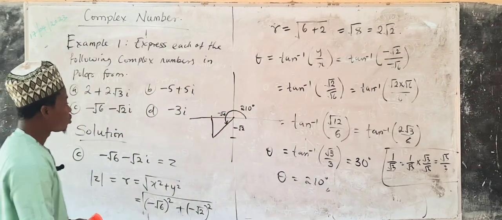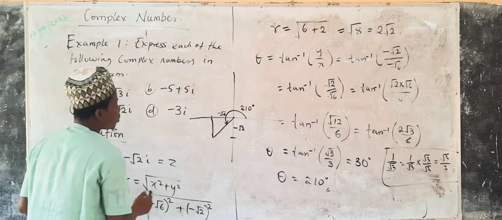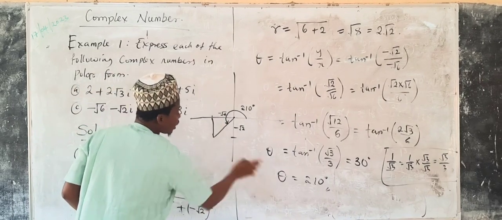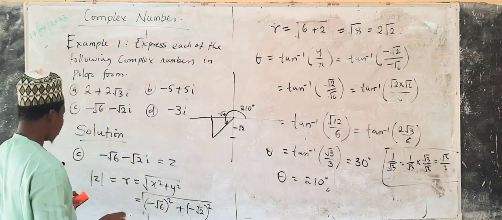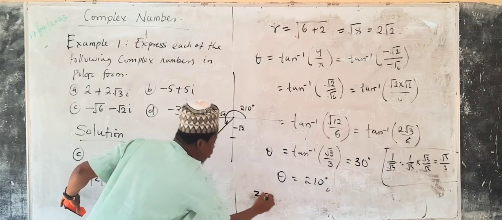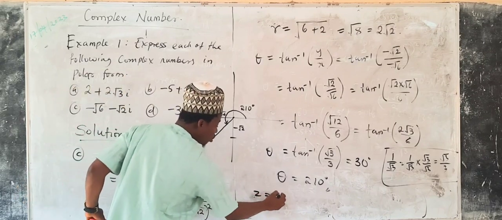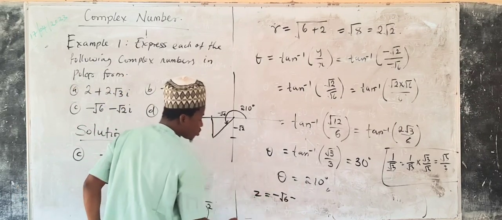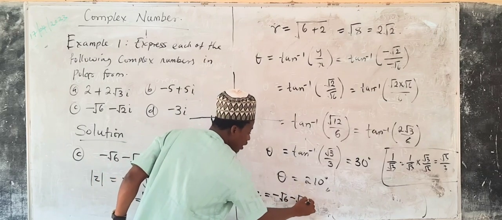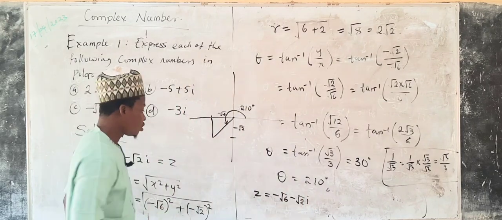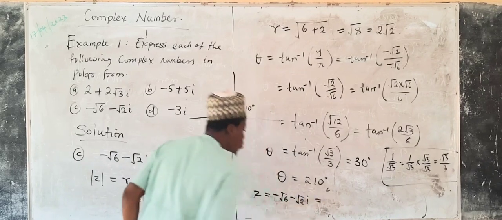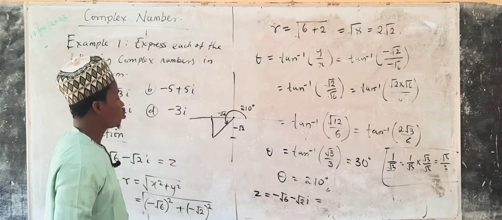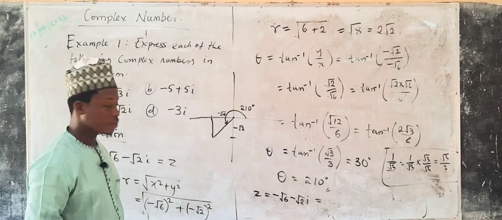Okay? So now, knowing that your theta is 210 degrees, then in polar form, z, which is equal to minus root 6 minus root 2i, you understand? Then is equal to, what's our r?